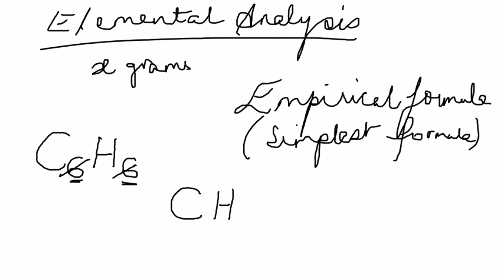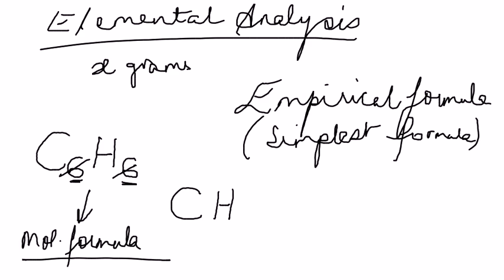So in terms of which one will be molecular formula and which one will be empirical formula, please realize that the first one that I wrote will be called the molecular formula, because that is the actual number of atoms present for that particular element in this compound benzene, whereas the empirical formula just gives you the ratio of the two.